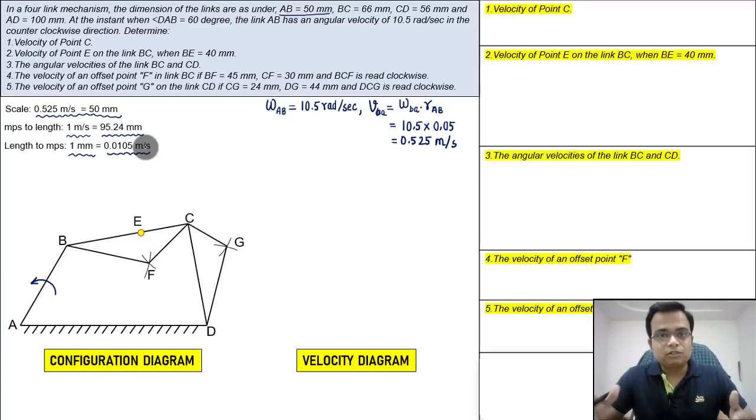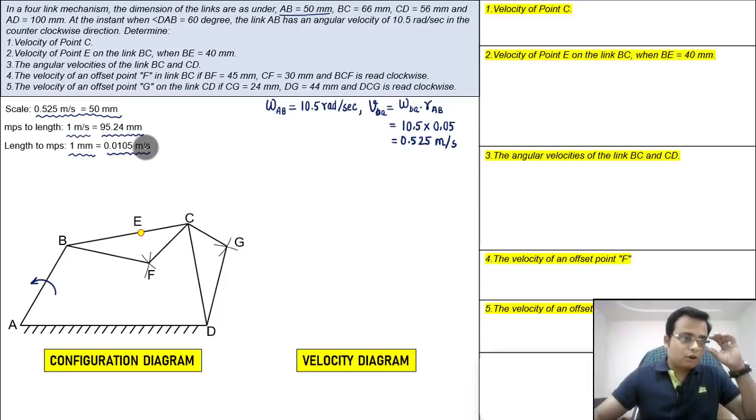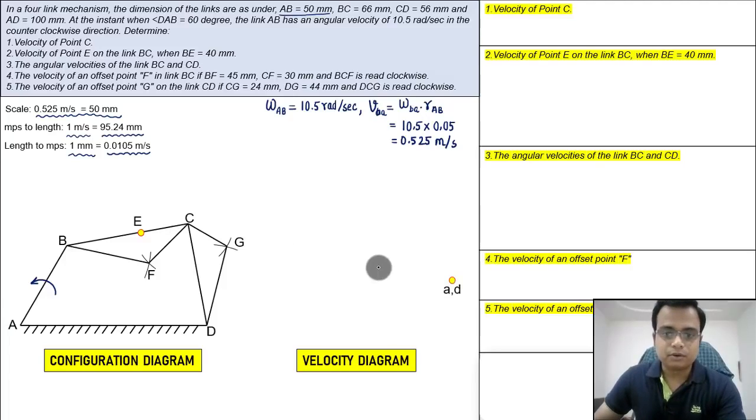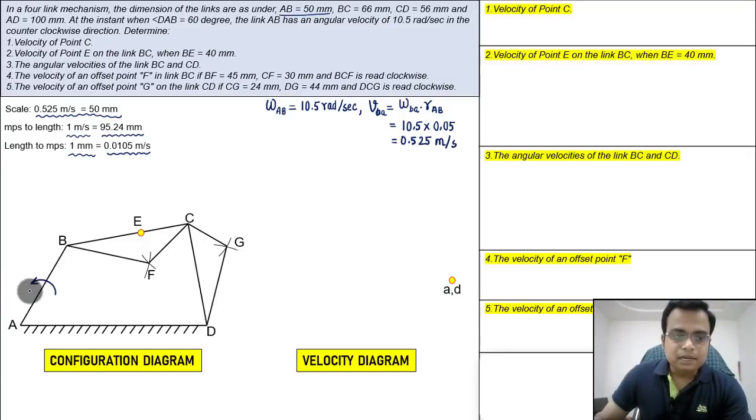After we make the velocity diagram, it is going to help us convert the distances into velocities in meters per second. Let's kick off. First of all, we need to mark a point which is fixed. Here we go. So this is the fixed point, A and D. Done. We are going to kick off with this AB link, and you can clearly see this AB link has a counterclockwise direction.